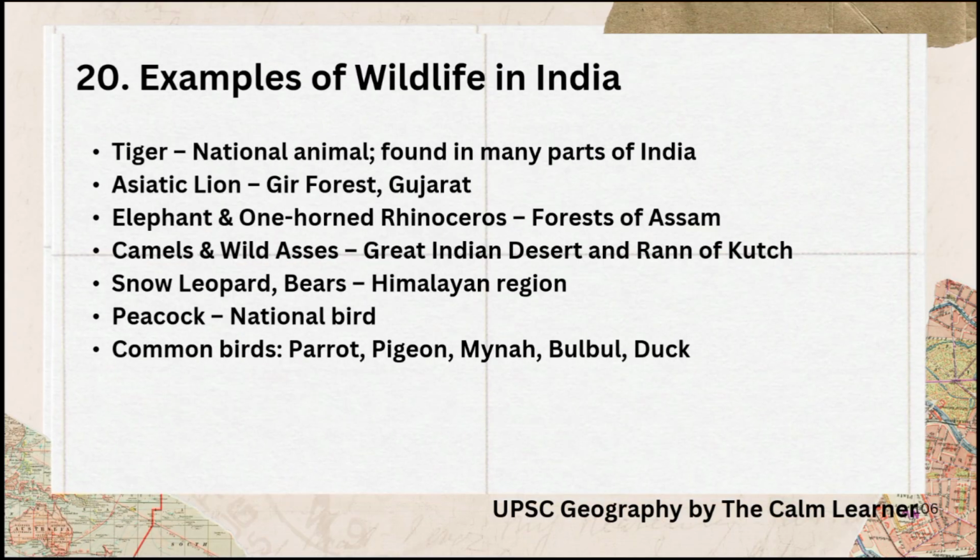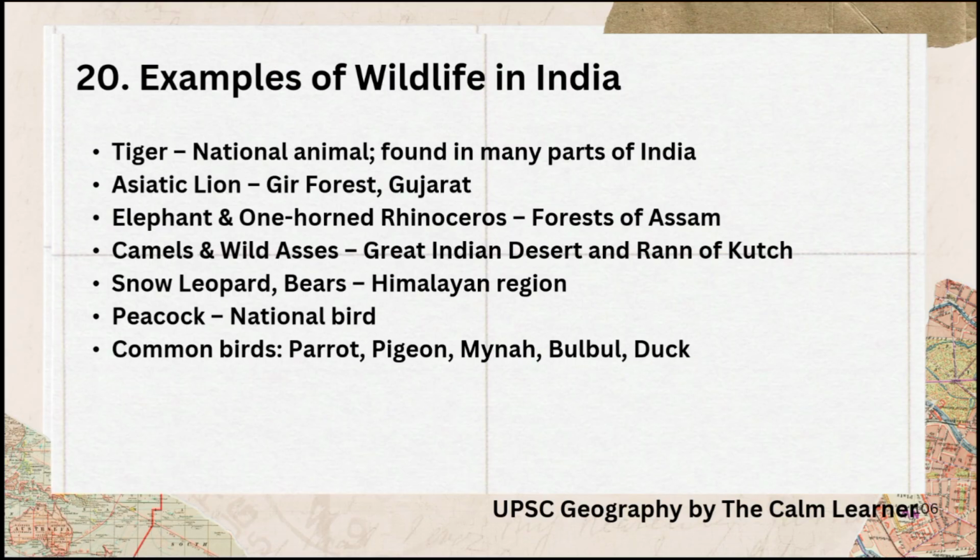Different animals are found in different regions of India. The tiger is our national animal and is found in many parts of the country. Asiatic lions are found in Gir forest of Gujarat. Elephants and one-horned rhinoceroses are found in Assam.